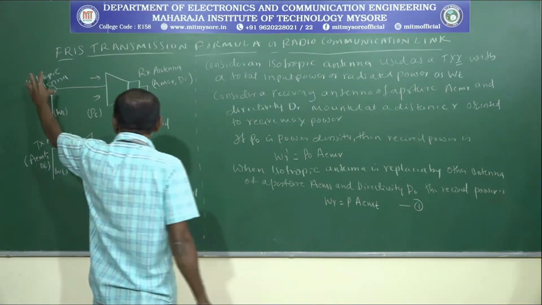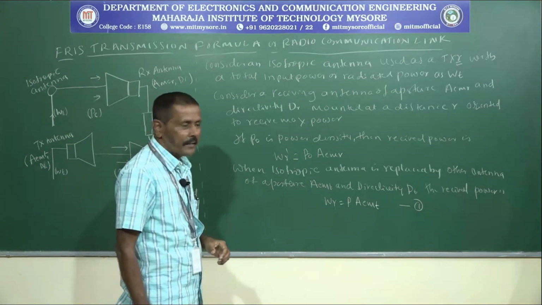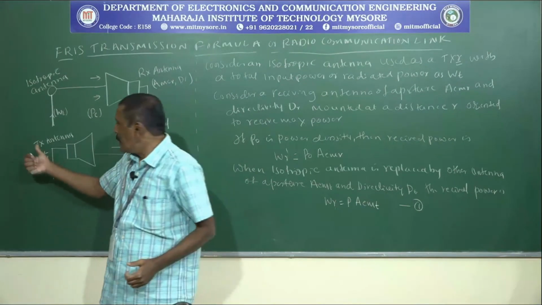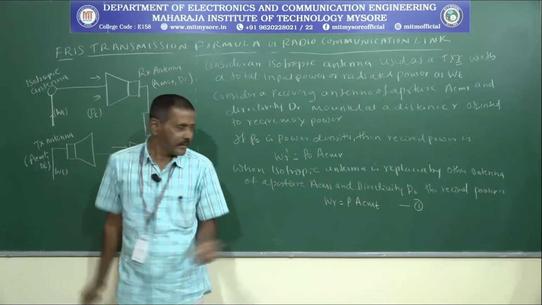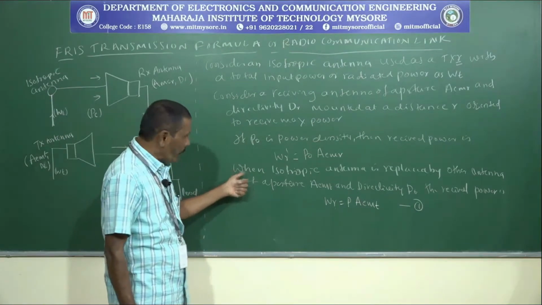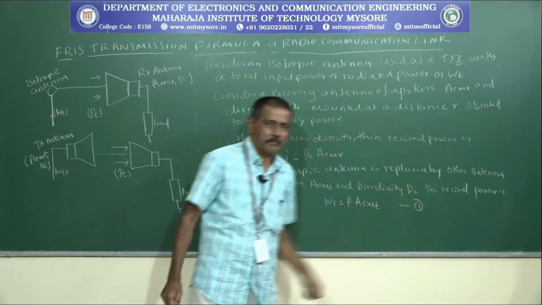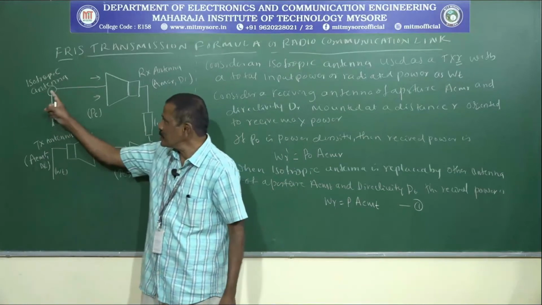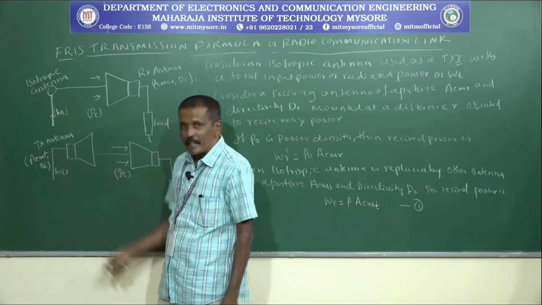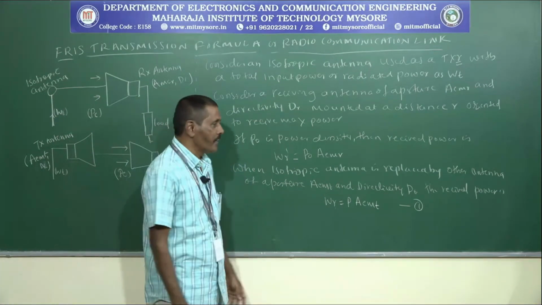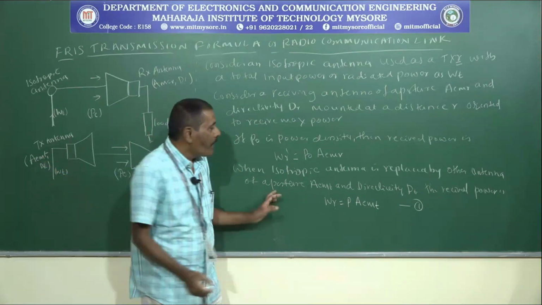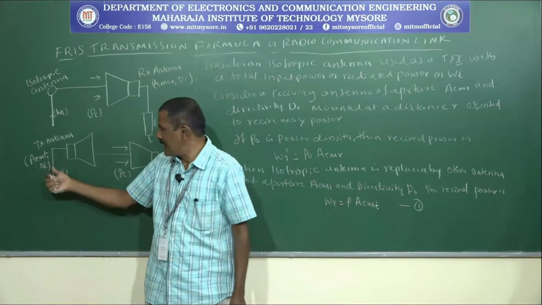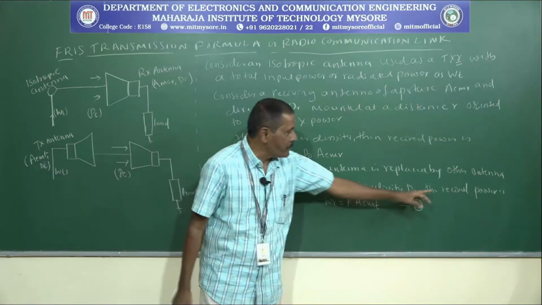Now, instead of using this isotropic antenna, we will use one practical antenna. When an isotropic antenna is replaced by another antenna having an aperture AEMT and a directivity dt and the power is Wr.